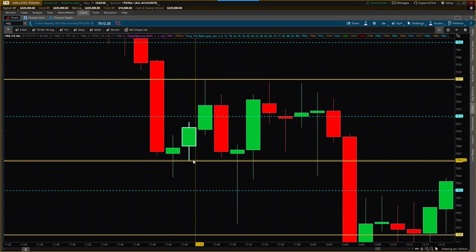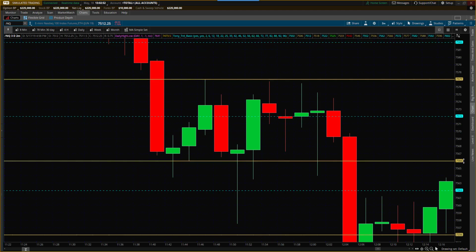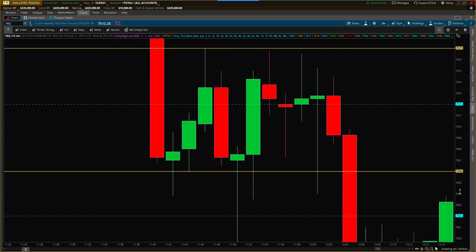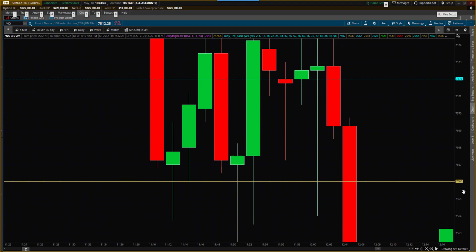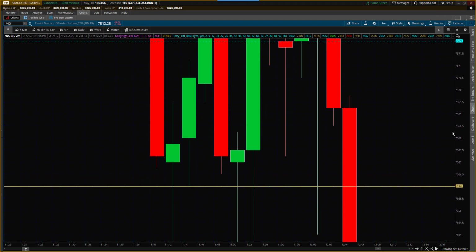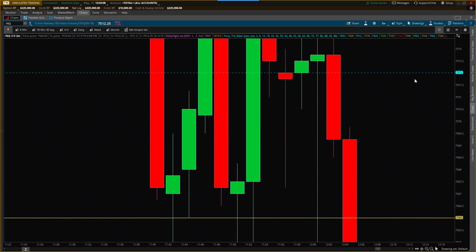Instead of offering my stop loss right at the 7566, I could offer it at 7566 and a quarter. All right, I hope you understand why you might want to do that. We don't want to choke out our runner, right? Once we've taken risk out of the trade and we have one runner running, we want to put in our stop, but we don't want to put our stop so close that we choke it out, right?